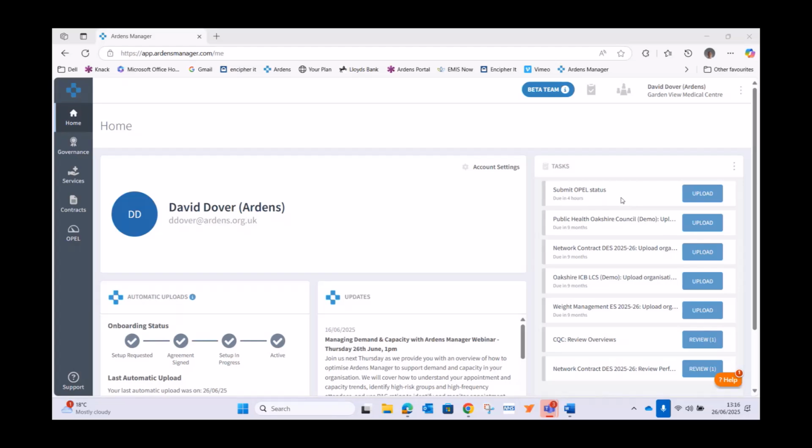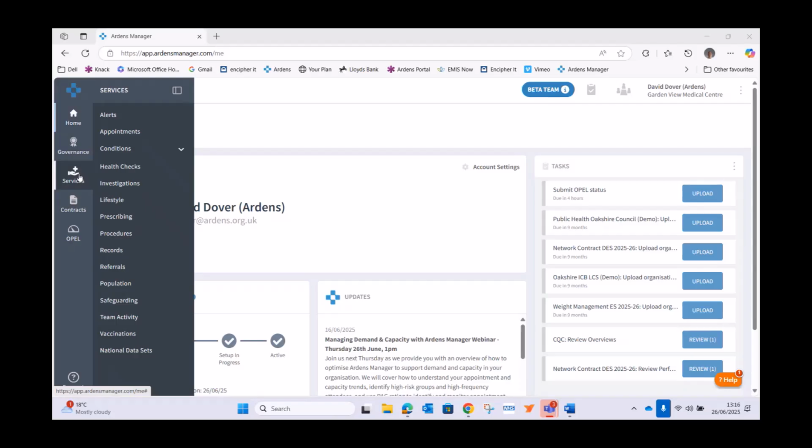Mainly today, we are going to be looking at the services icon on the left-hand side there. So first of all, we just want to touch on getting an understanding from your point of view as to your practice, your population, and also your disease registers within your population as well.